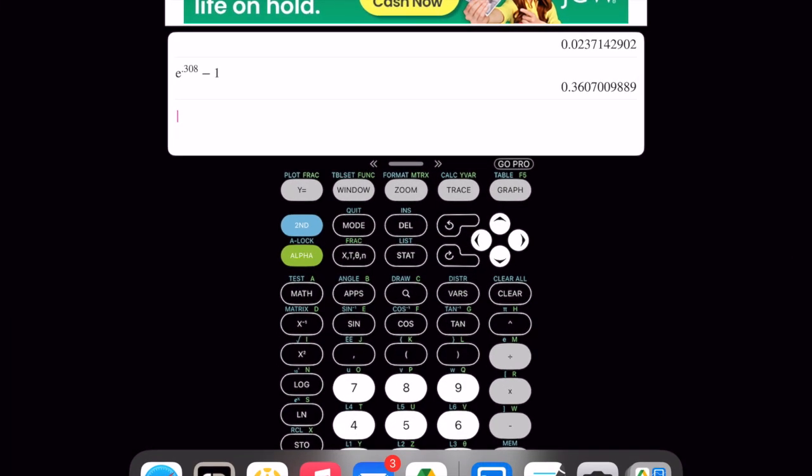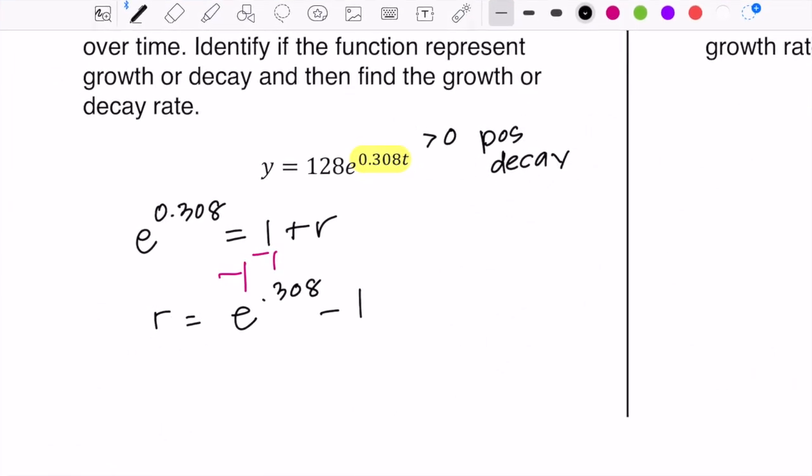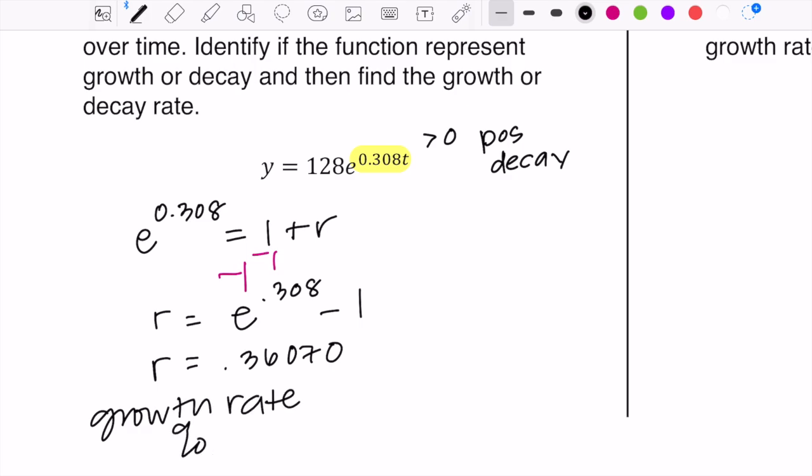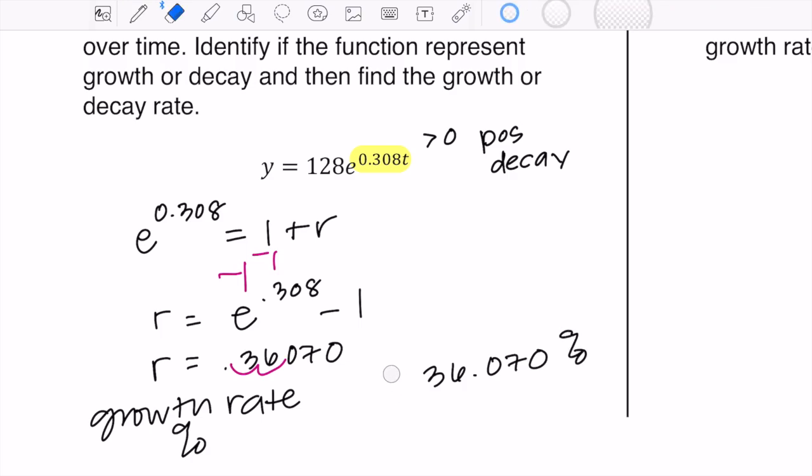So we get r equals 0.36070, and then we're just going to make that the growth percentage by moving it over 2. So then we get r equals 36.070%.